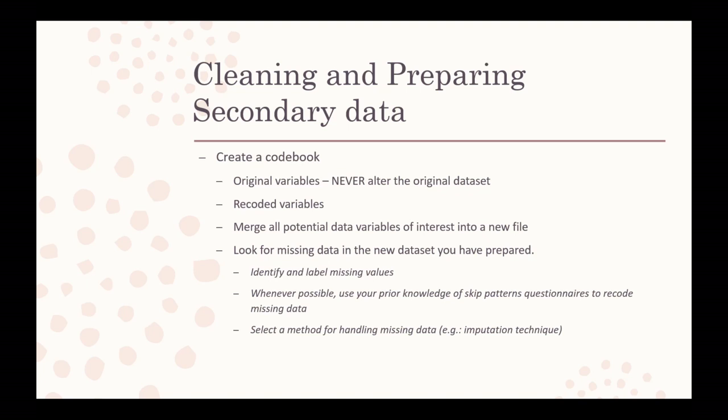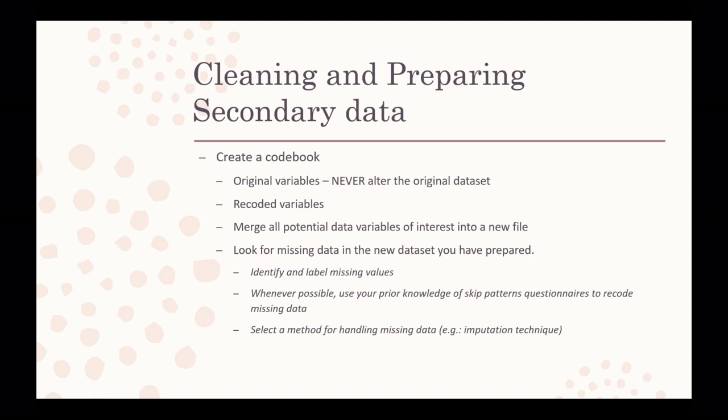Never alter the original variables, which means do not change the name of the original variables. Even if you're recoding variables, which means you are recoding, let's say, age, then just create a new name for that variable and call it new age or call it age 2, okay? But do not change the name of the original variable in the data set.